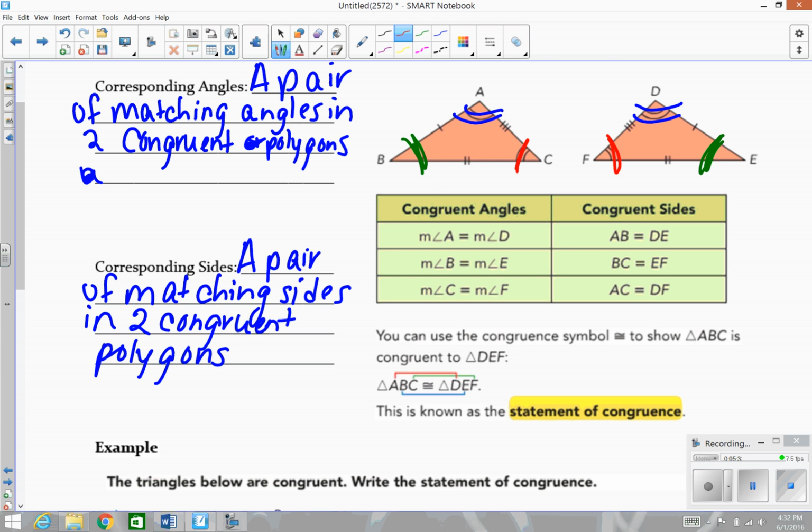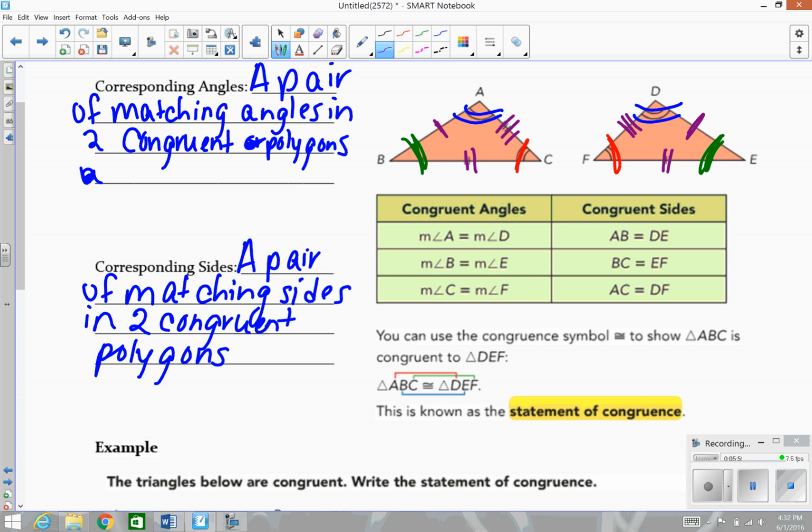Okay, we could do the same thing with the sides. So you have AB is equal to DE. So AB's here matching with DE. And then BC, that's this here, matching with EF, and AC matching with DF.